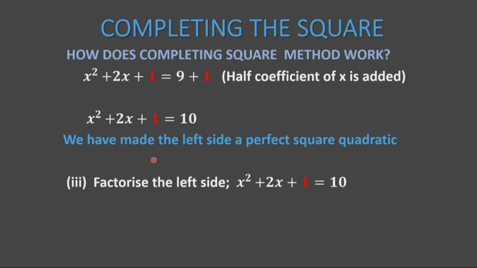I give you a moment to factorize it, please. Can you do it? If you have been able to write x plus 1, those 2 factors squared, you are on the right track. Like that. And don't forget to equate it to what is on the right, equal to 10. Now we proceed.